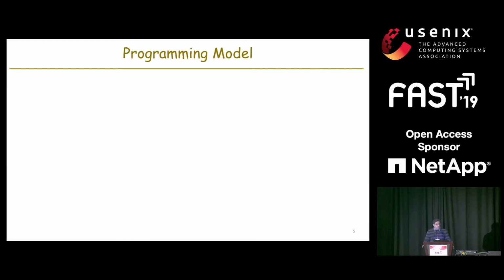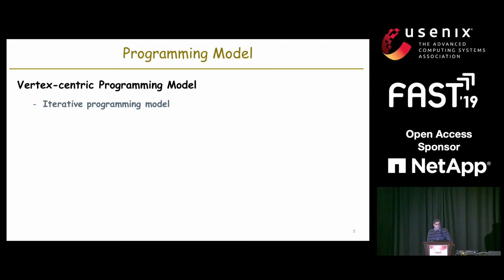But before getting into details of how GraphBoost works, let's first talk about the programming model. To enable parallelism when executing graph algorithms or running graph analytics on big data, they usually employ a vertex-centric programming model, which works in an iterative fashion. Each vertex runs a user-defined program which depends on the graph algorithm.